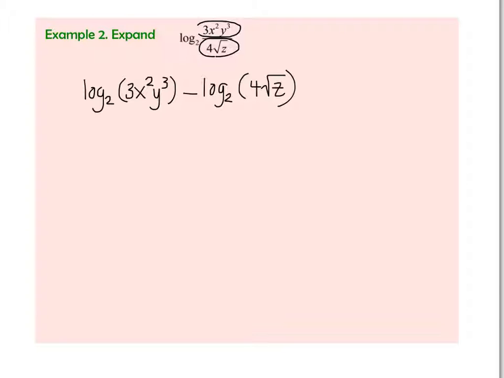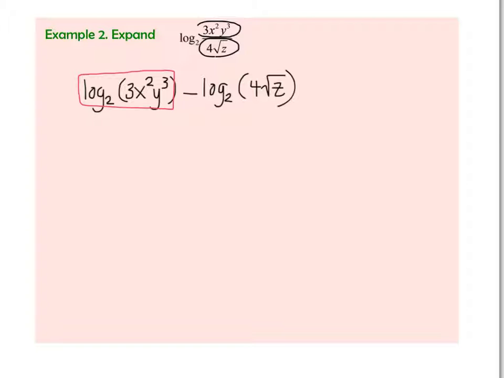Now looking at both of those, on the inside of this log, we have multiplication. Using our first rule, we can rewrite that as addition. I'll use a different color to show you what I'm doing here. This one that I've outlined in pink can be written as addition for each of those terms.